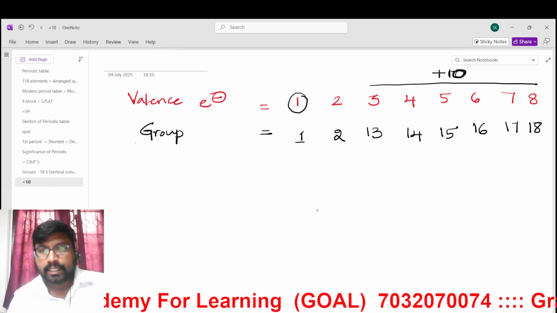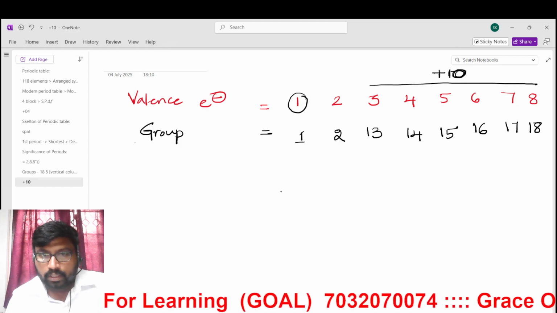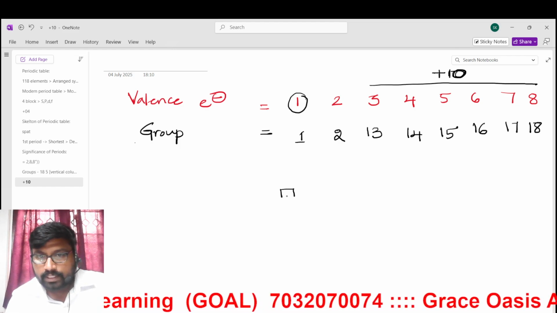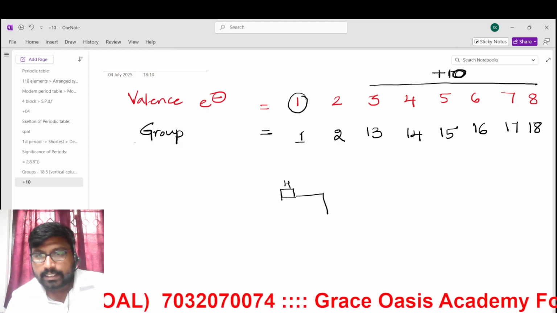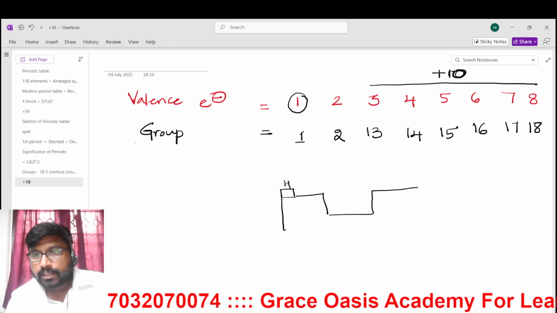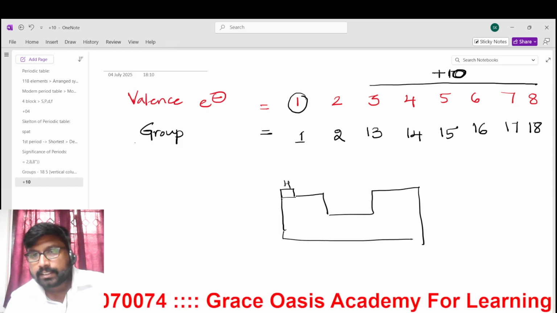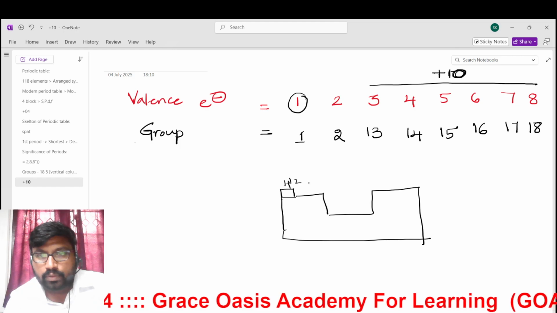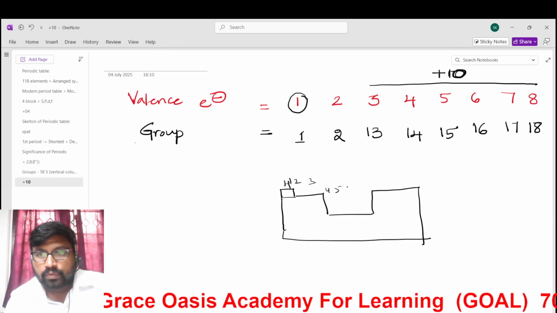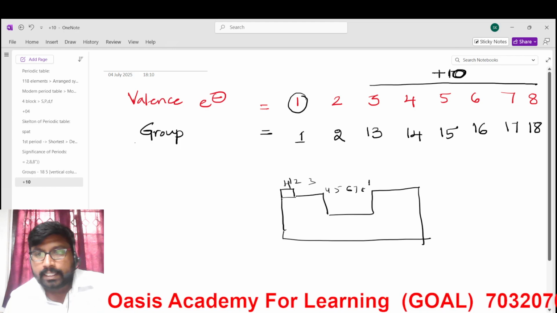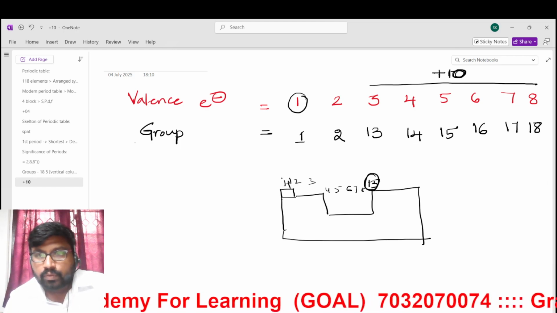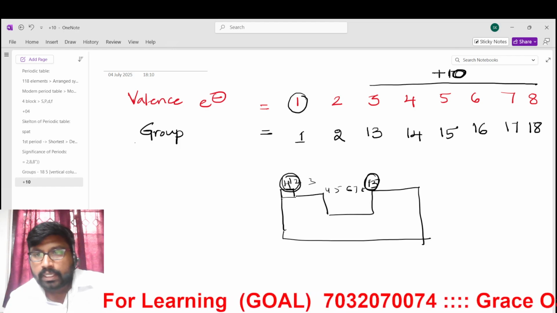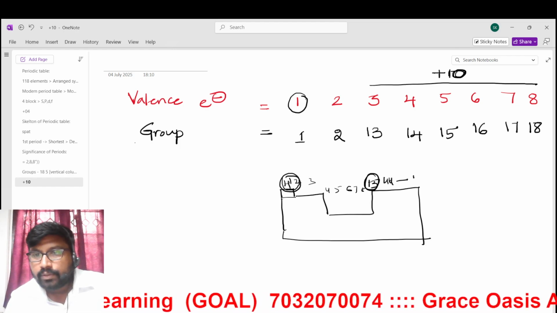Till 18. So if you see the periodic table, how will it be? First one is hydrogen, right? The skeleton is like this. This is 1, 2, and then 13, 14, to 18.